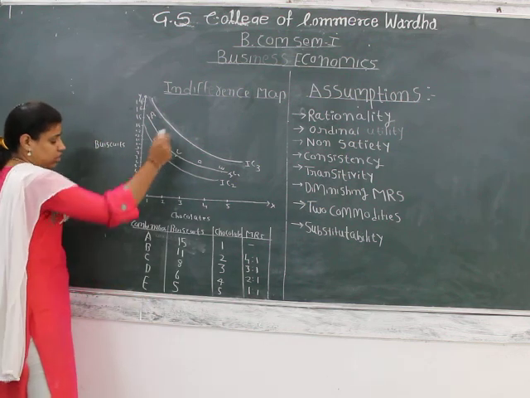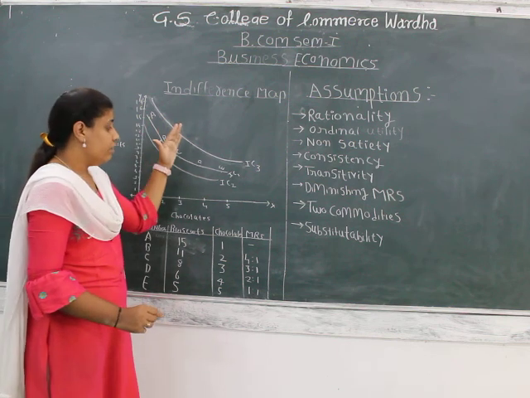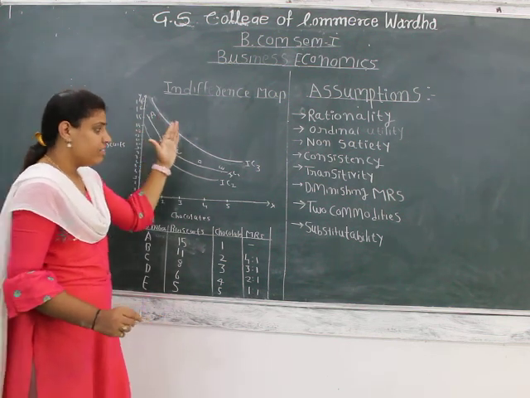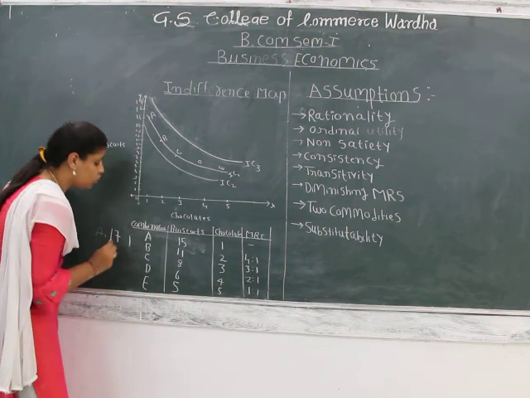Like, for combination A on indifference curve 3, there may be 17 biscuits and 1 chocolate.